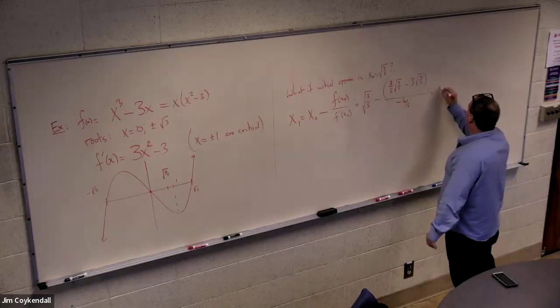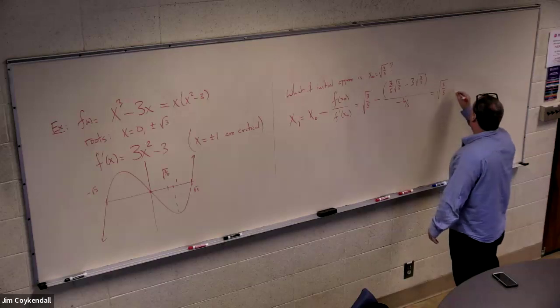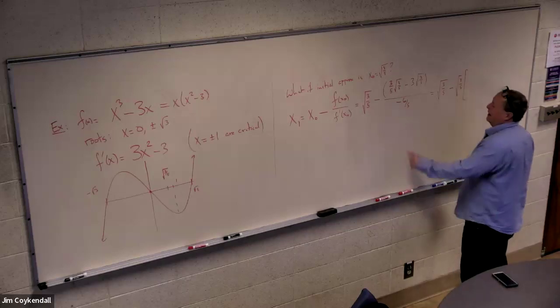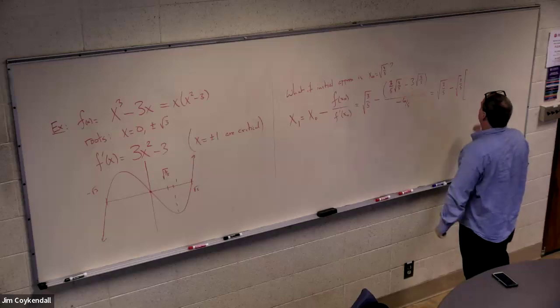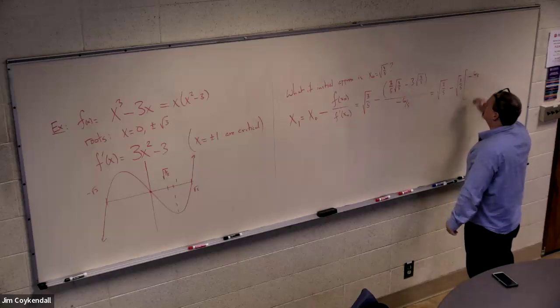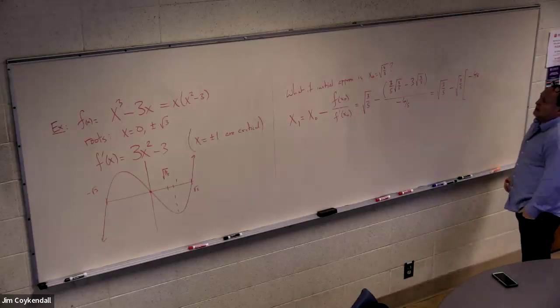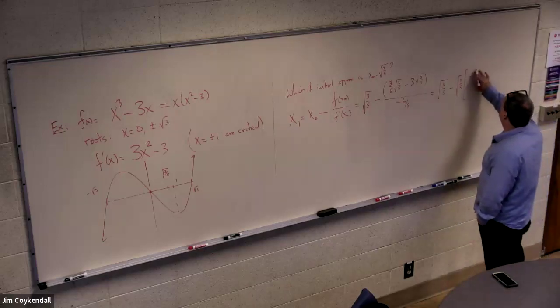So this is the square root of 3/5, and this is minus square root of 3/5. That's whatever's left over in this fraction. So it's going to be 3/5 minus 3, which is minus 6/5. Minus 12/5.